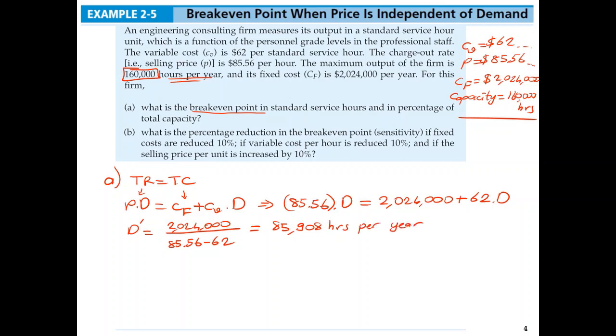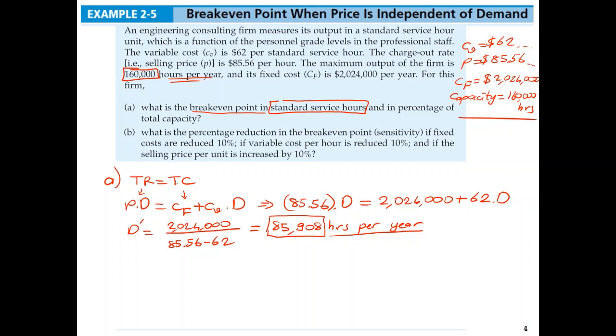Of course, it's important to know what this output is. This is the standard service hours. Look, it says what's the break-even point in terms of standard service hours, and it is 85,908 standard service hours per year. This is the first part of the question.